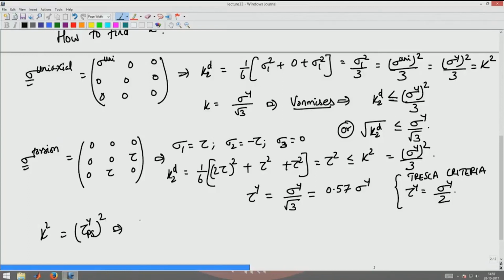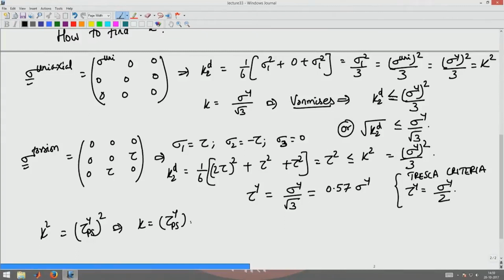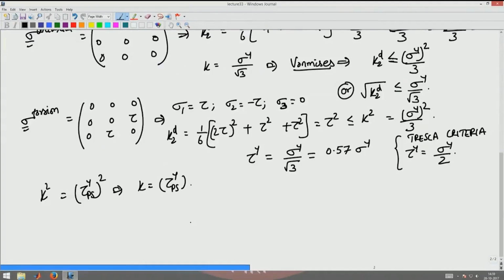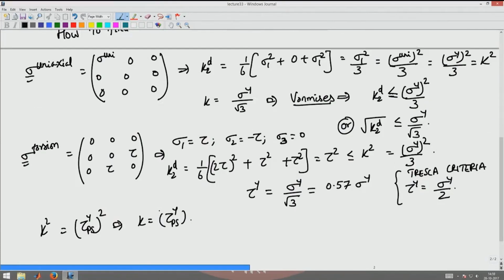In other words, kappa should be tau y pure shear. Okay. Now, I want to predict what it is for the uniaxial test. For the uniaxial test, I found k to d to be sigma 1 uniaxial whole square by 3.